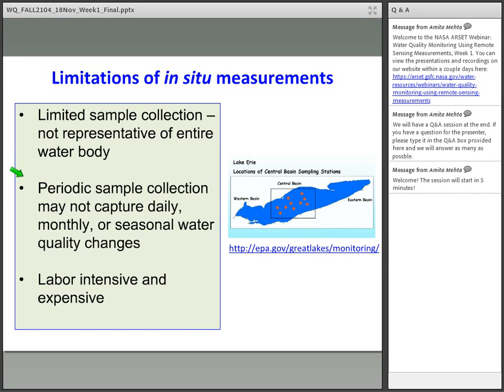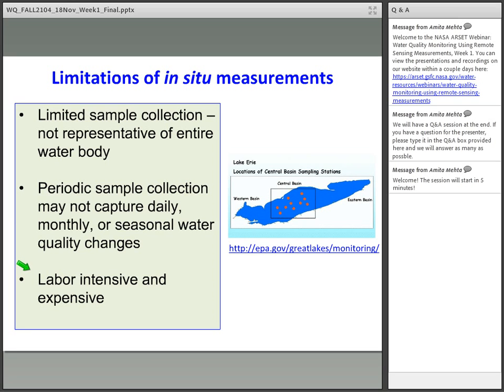Then there is how frequently these samples are collected. That also is an issue, as temporal coverage may not be enough to resolve or capture daily, monthly, or seasonal changes in water quality. Also, it's labor intensive.